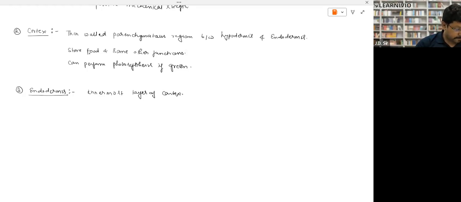Next point. It is made up of tightly packed barrel-shaped cells, right? This is very important for me.